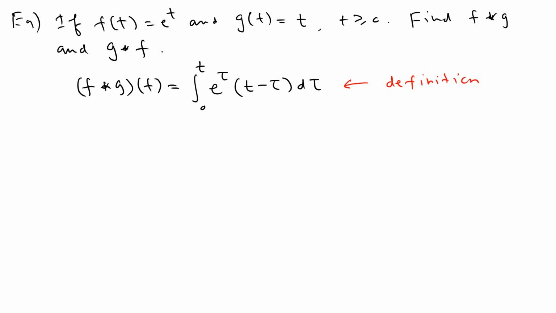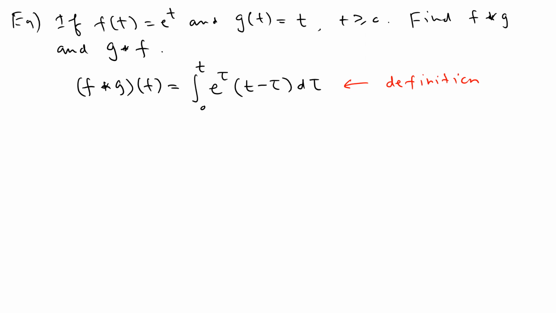So let's continue. This is just an integration by parts problem. You can use either method, whether the DI method or the other one. For this one I'm going to use the regular method. What's the regular method?